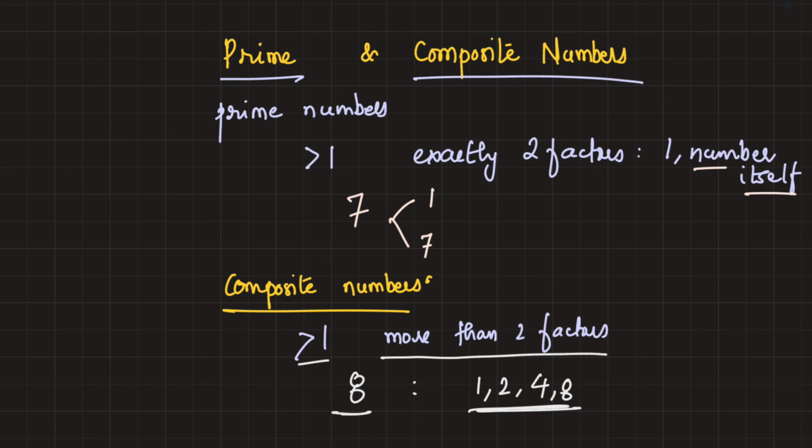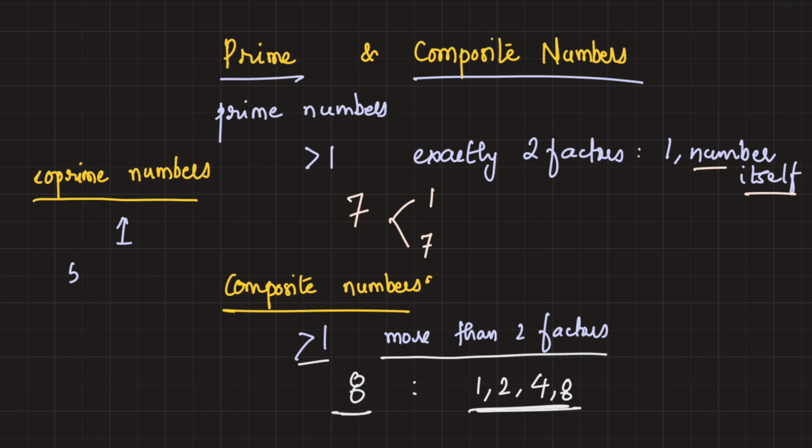Related to this, we have something called coprime numbers. What are coprime numbers? Two numbers are said to be coprime if their only common factor is 1.